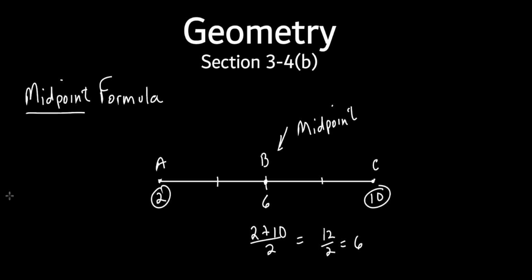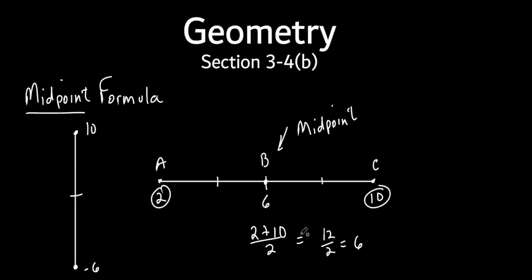What if I did it up and down? It's the same exact thing, isn't it? Let's make it a little more difficult. Let's say this is at -6 and this is at, I don't know, positive 10 again, all right? So where is the middle point? It's a little tougher because you got a negative.